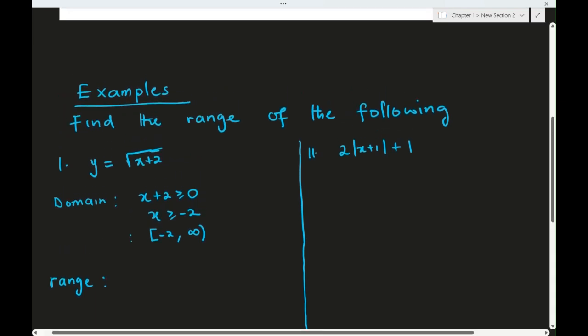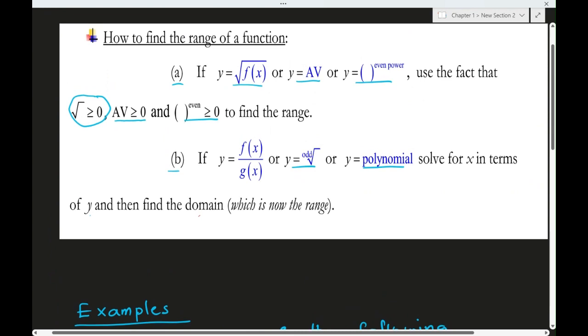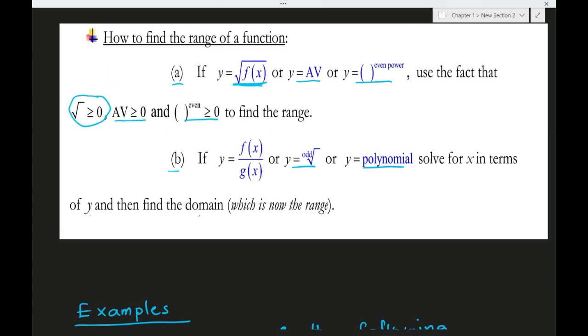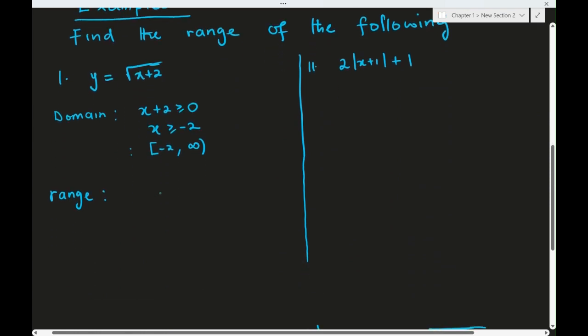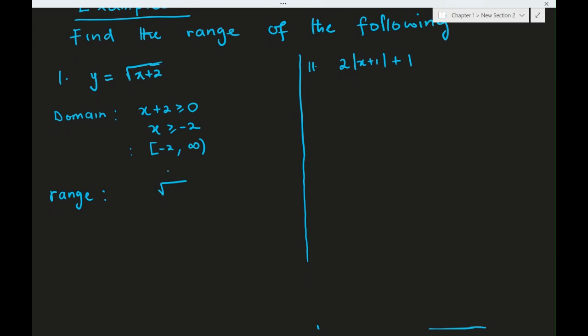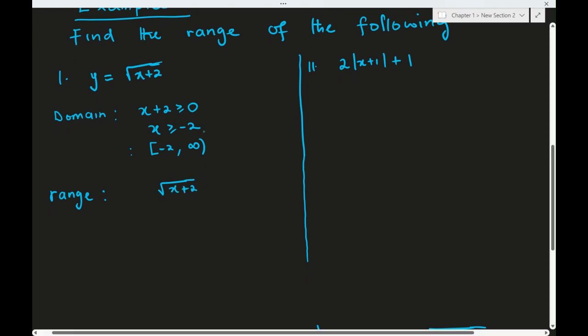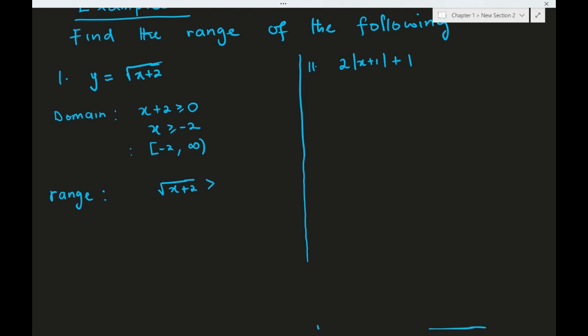To find the range of this function, you come to the guide and see that we are in the case where we have even roots. So just use the fact that the even root is non-negative. For the range, we start with the fact that the whole expression, including the root itself, is greater than or equal to 0.